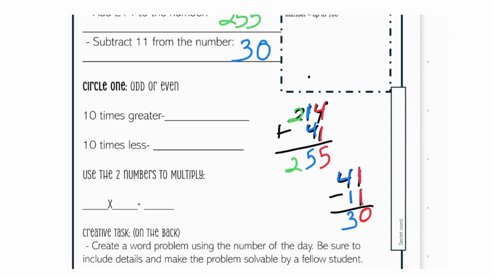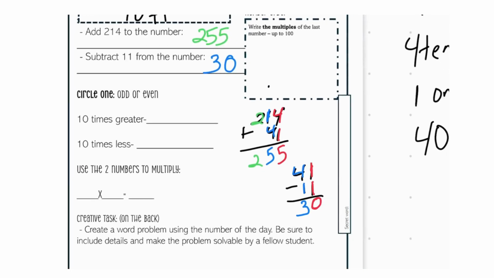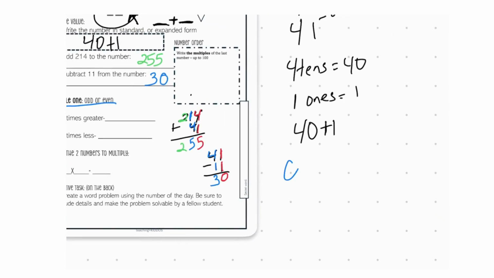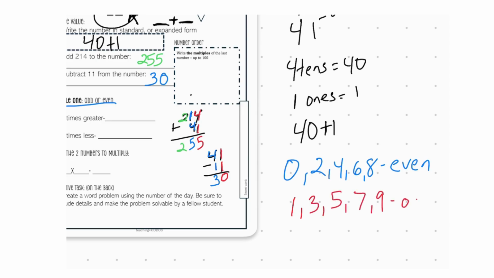All right, now looking at whether it's an even or odd number. You want to remember 0, 2, 4, 6, 8. These are all going to be even numbers. And then 1, 3, 5, 7, 9. Those are all going to be odd numbers.